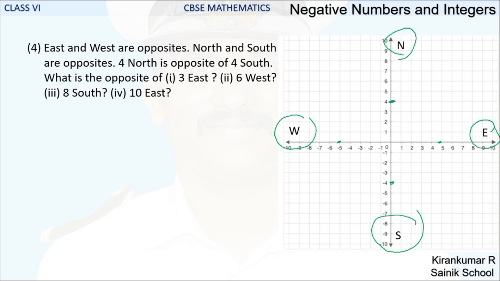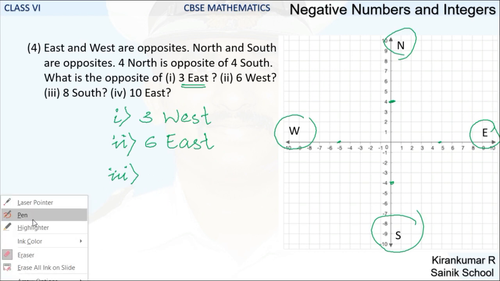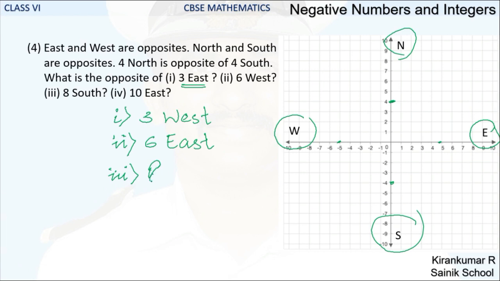What is the opposite of 3 east? 3 east, the opposite is 3 west. For first one, it is 3 west. For the second one, 6 west, the opposite is 6 east. For the third one, it is 8 north. Ten east, the opposite is 10 west.